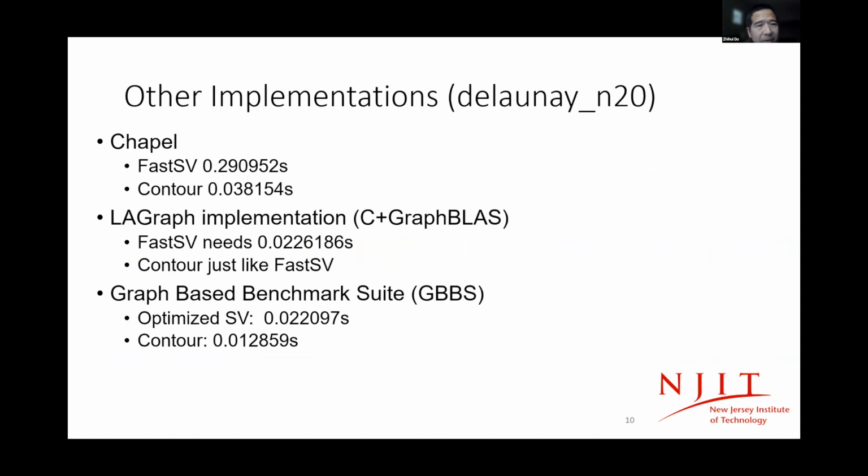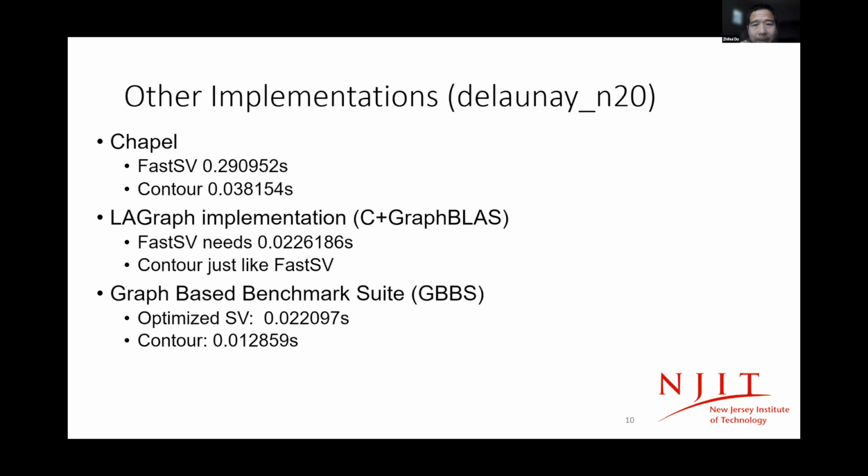First, for Chapel, we can see that our method can achieve more than 7 times speedup compared with the FastSV method. But on the LAGraph package, we cannot achieve a speedup. Our performance is just like the FastSV method.